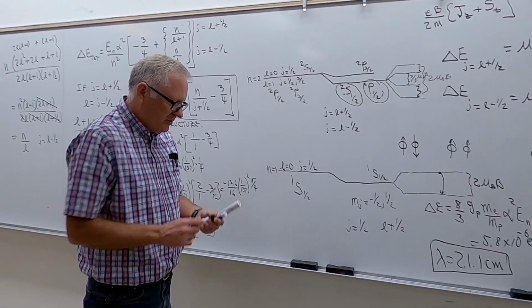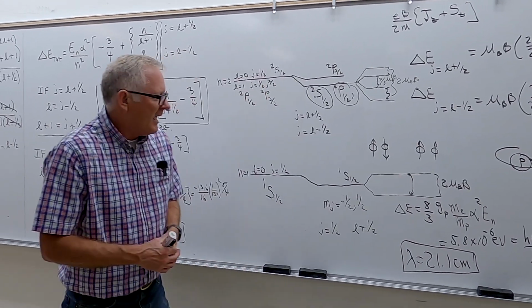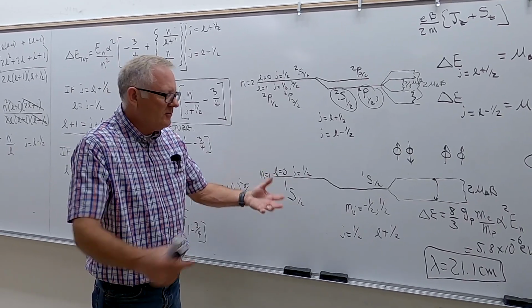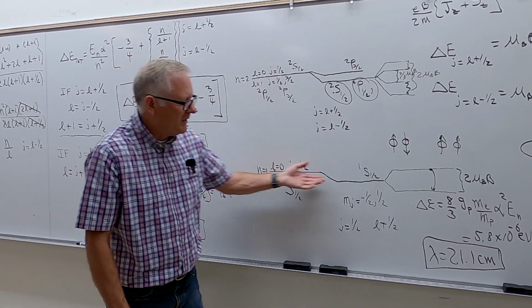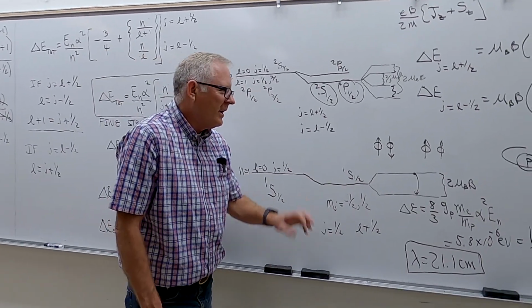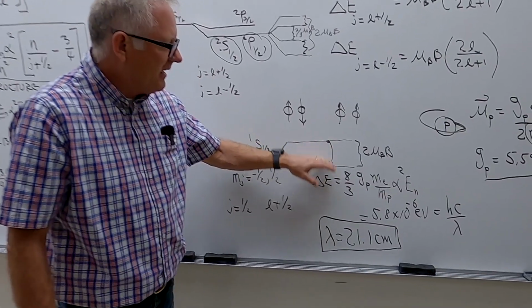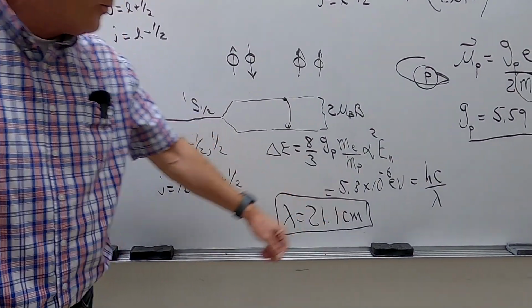It's very important astronomically because most of the matter in the universe is hydrogen, and most of the hydrogen in the arms of the galaxy is just really cool, probably down near this ground state. And when it gets just slightly disturbed, it rings at exactly this frequency, 21.1 centimeters.